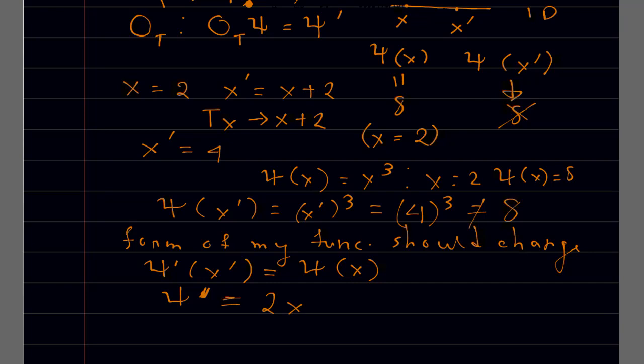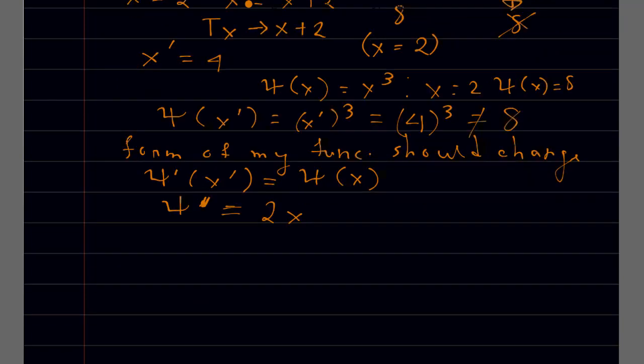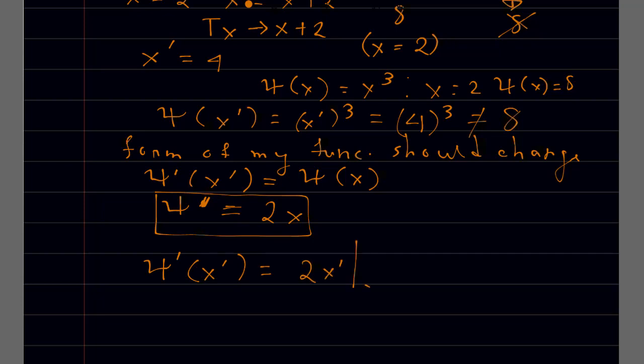So let's see if psi prime is of a form like this, does it work or not? So let us calculate psi prime of x prime, that is 2x prime, where x prime needs to be substituted as 4, and you get 2 into 4, which is 8.